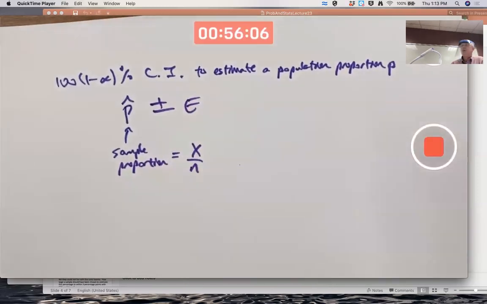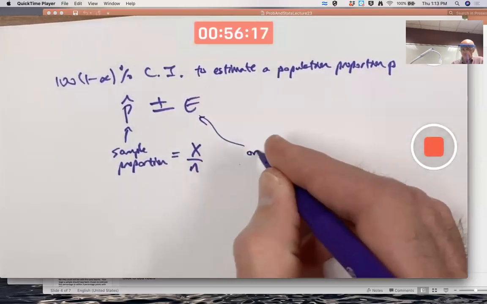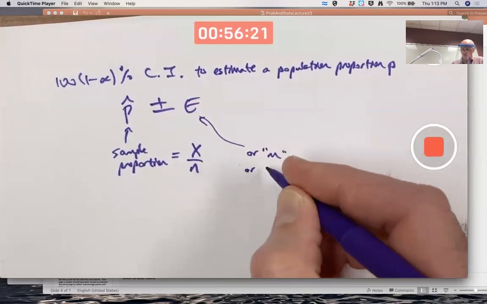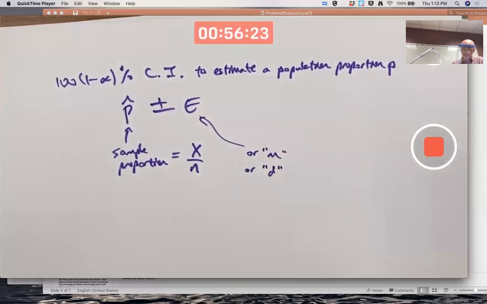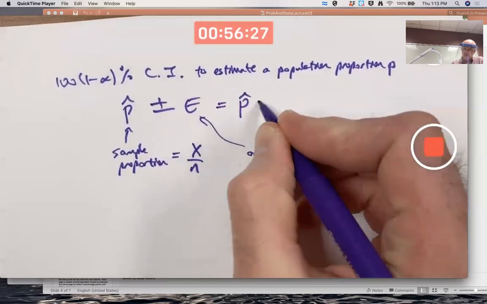Dr. Wetzel, I always like to call it E first. Some books call it M. Our book actually calls it D, or M for margin of error, or D for maybe distance. But what does E equal?